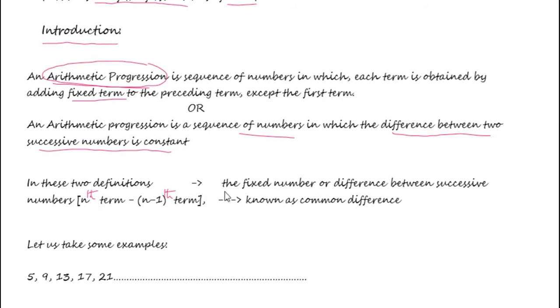Now in both these definitions, what we have is the fixed number you have to add to each term to get the next term, or the difference between two successive terms, that is nth term minus (n minus 1) term, fourth term minus third term, fifth term minus fourth term. That gives the difference between two successive terms, and that is known as the common difference.